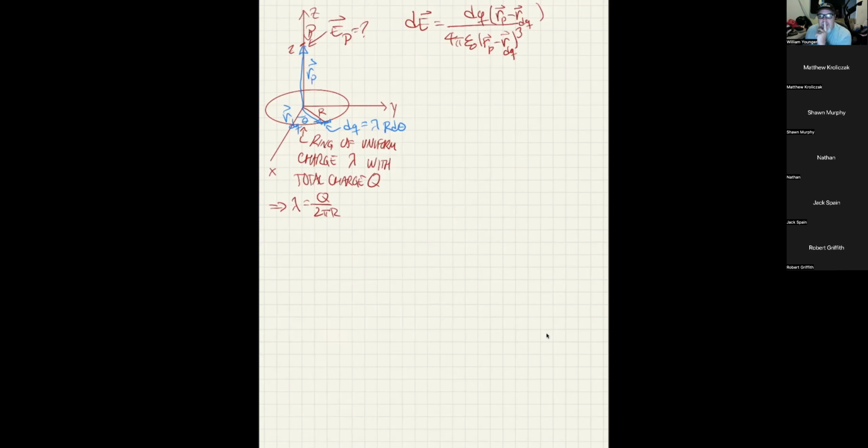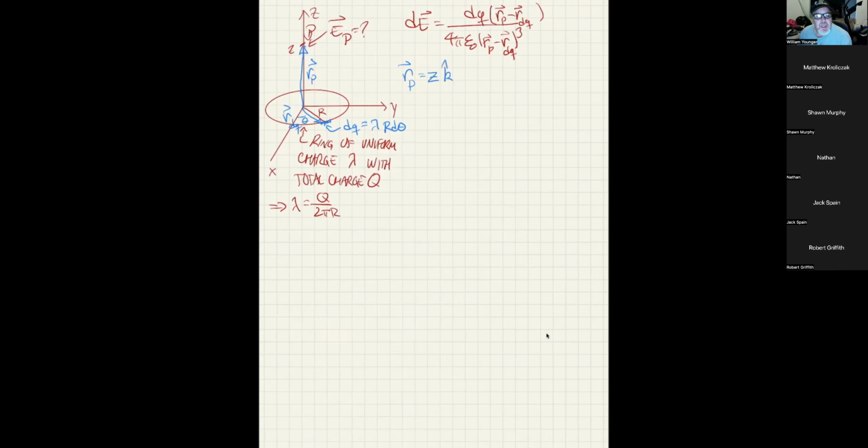So what I'm going to do now is I've got to write my vector rP. So I bet y'all can guess what rP looks like. How long is it and what direction is it in? It's in the k hat direction at exactly z length.